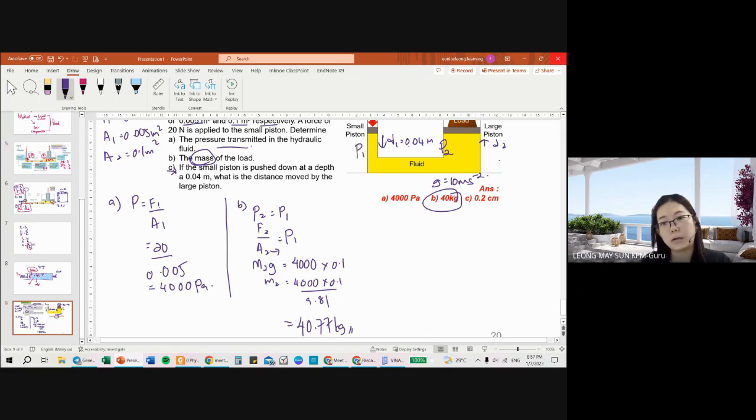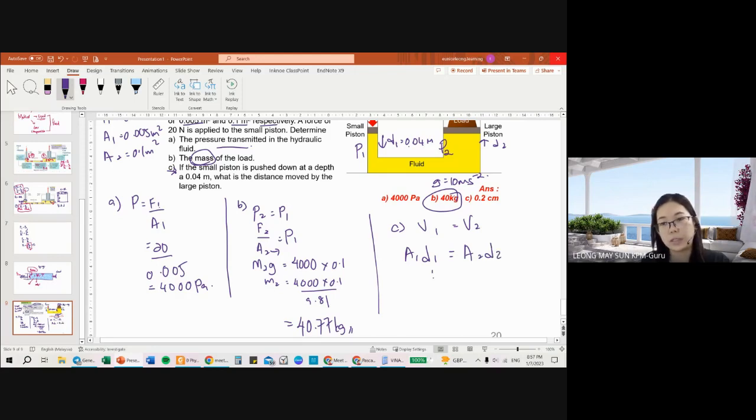So in order to calculate this question, C, we have to use volume. Volume 1 equals to volume 2, whereby the volume of fluid being pushed down here is equal to the volume of the liquid being pushed up at the other side, the larger piston. So area 1, depth 1 equals to area 2, depth 2.